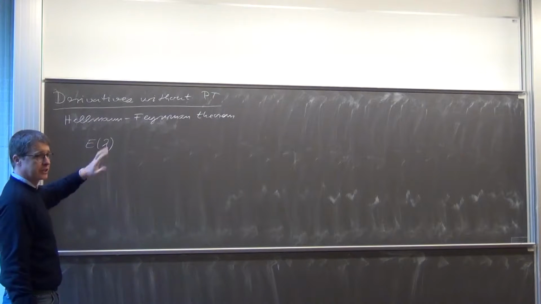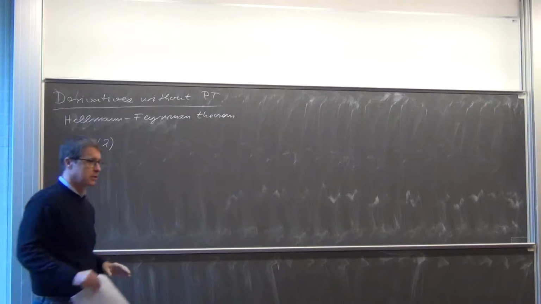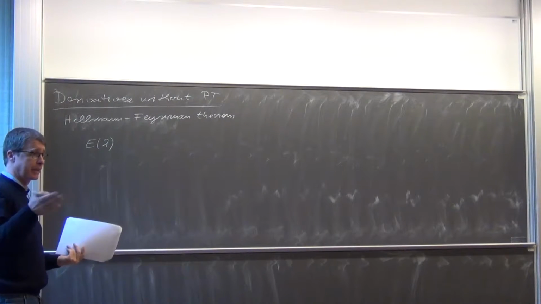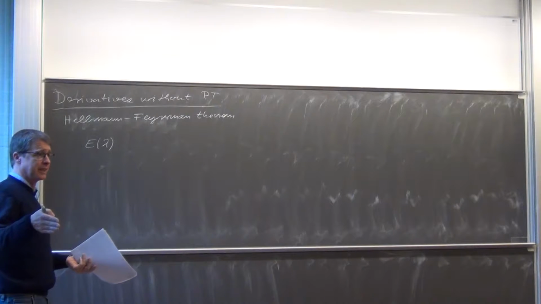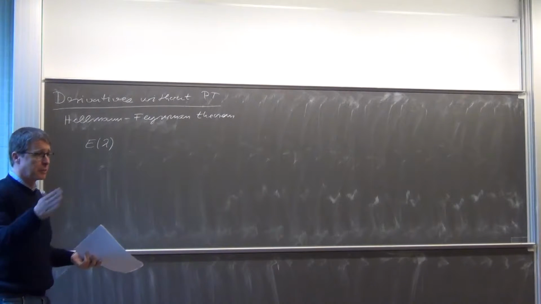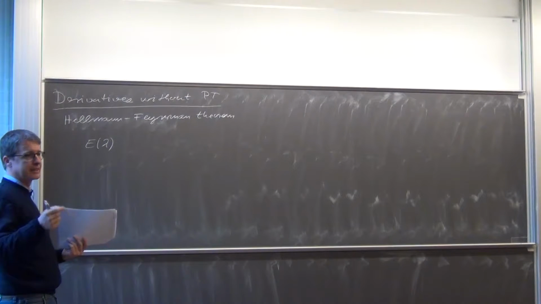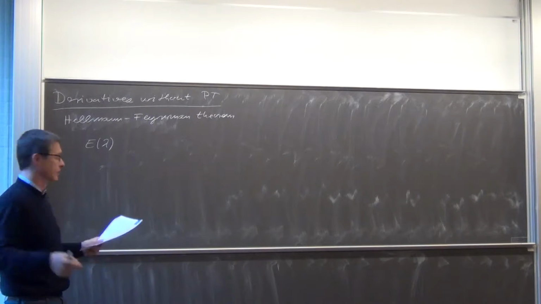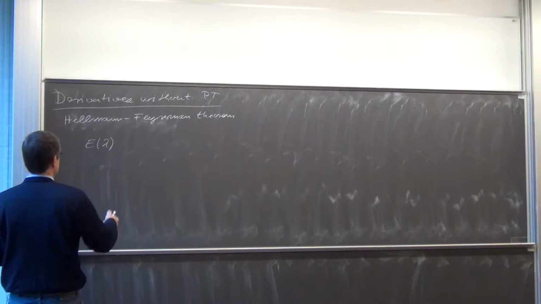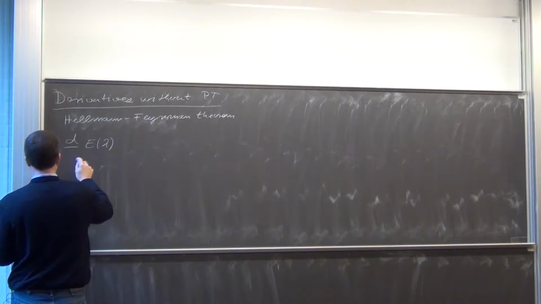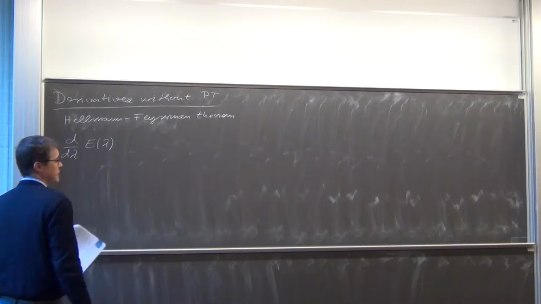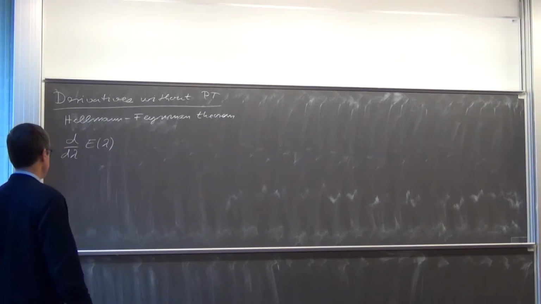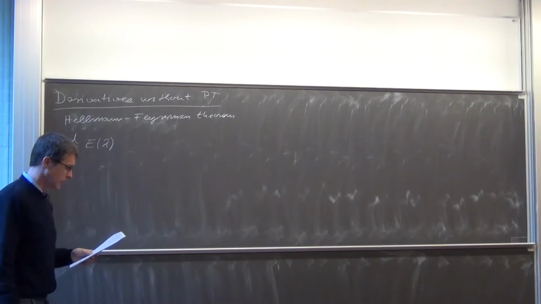So this could be a change in the nuclear coordinates, which in our Born-Oppenheimer approximation are parameters in the Hamiltonian, because we fix them to a particular value when we solve the equation, and the solutions are then going to depend on that value. If we change the nuclear coordinate, we get another Schrödinger equation, we get another energy. And so what we want to look at is the derivative of the energy with respect to this parameter lambda. Could be a nuclear coordinate or change in nuclear coordinate, could be electric field, magnetic moment, all that.